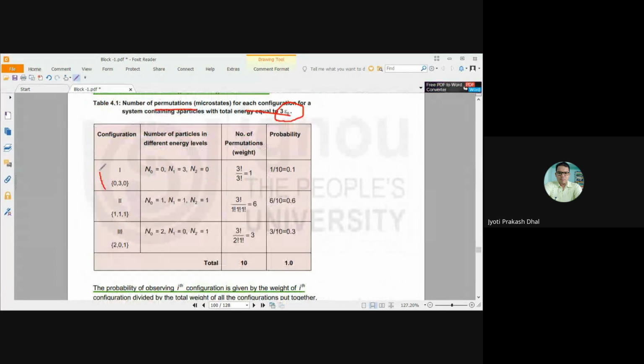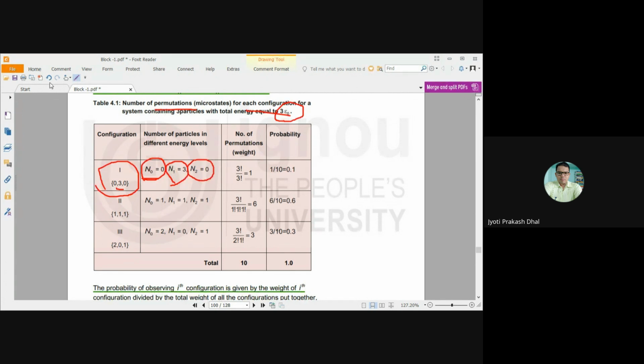So first one is configuration 1. In configuration 1, all three molecules are present at the epsilon 0 energy level. N0 corresponds to the 0 energy level, N1 corresponds to the epsilon 0 energy level, and N2 corresponds to the 2 epsilon 0 energy level.